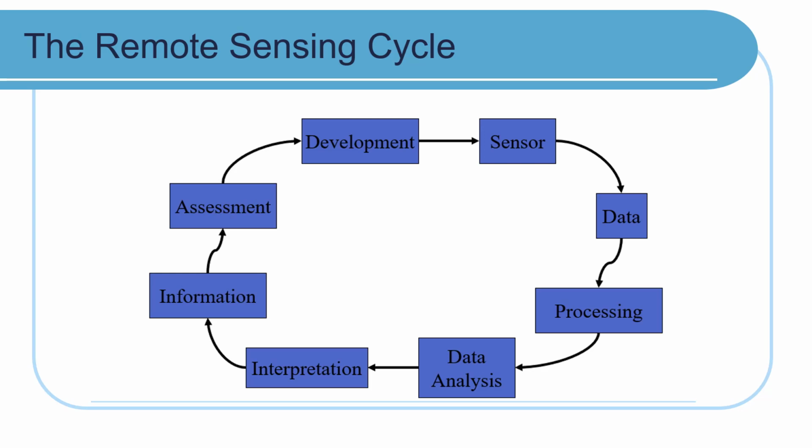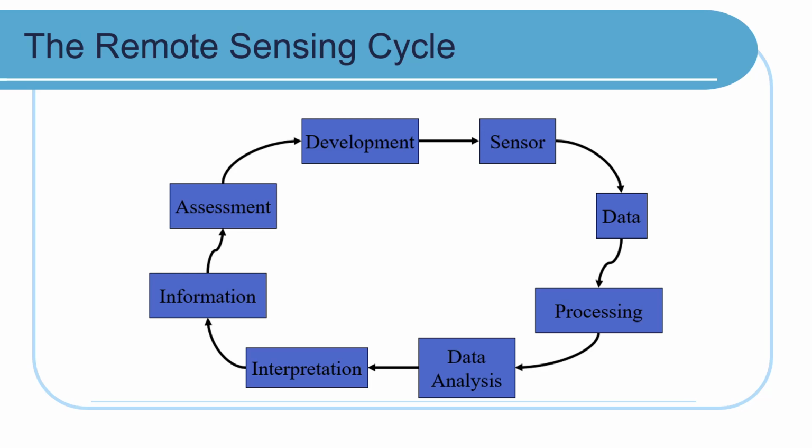But for this class, what we will start with is a research question, and that would be over on the left, and so it is the information that we're going to be working with. We'll be assessing the information, and we're not really doing much with development or sensor or data. All of that is going to be accessed by us as students.